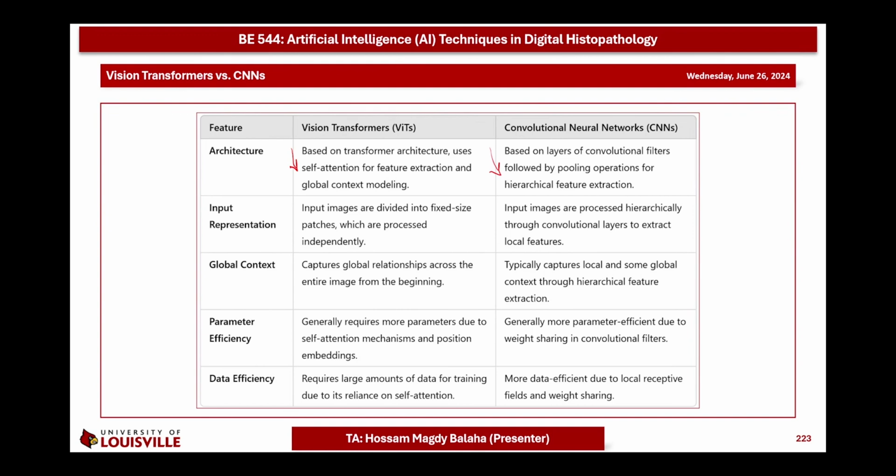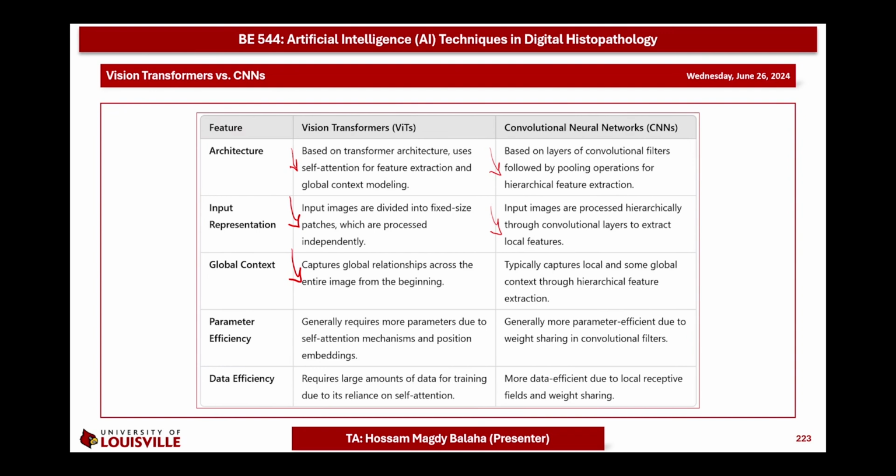For the vision transformers, the image is divided into patches with fixed size and non-overlapping, while CNNs deal with the pixels and reduce the dimensionality using the pooling layers to extract the local features. And talking about the global context, the vision transformers capture the global relationships from the beginning, while CNNs capture local and some global context through hierarchical feature extraction through cascading conv and pooling layers.